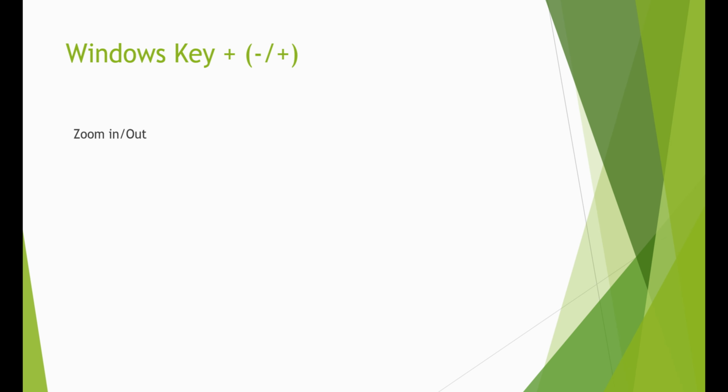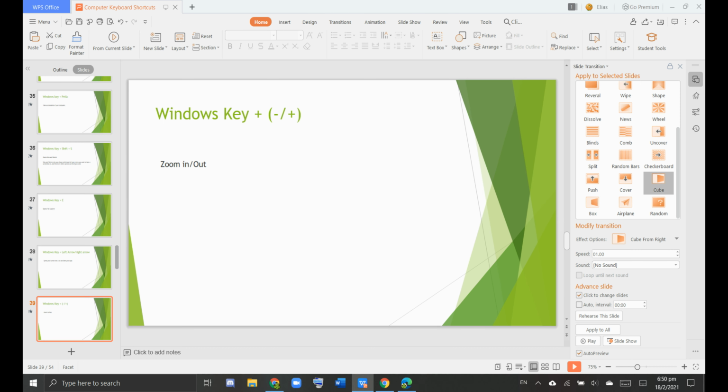Windows logo key plus the minus sign or the plus sign is to zoom in or out. The minus sign would not work if your screen is not zoomed in. So Windows logo key plus the minus sign, it doesn't work.